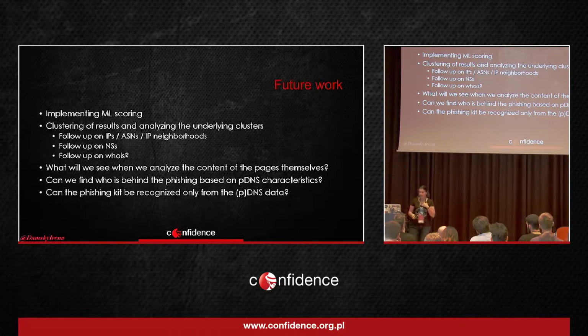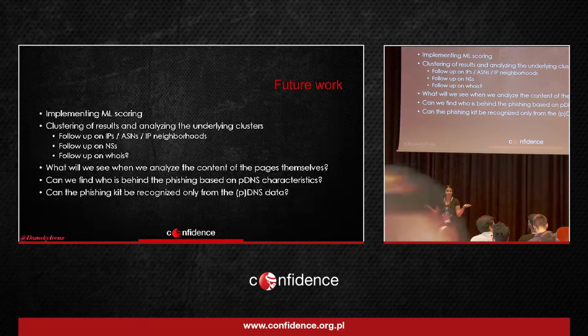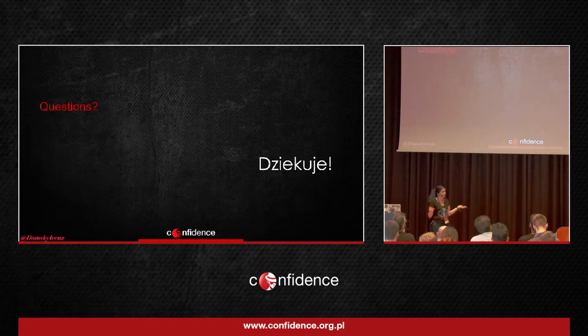Again, it's the same thing. Can the phishing kit be recognized based on that data and not only the actor itself? So that's basically it. It's a pretty simple technique to find maliciousness using a pretty simple data set that we all can collect or buy if we want. I hope you enjoyed it. Thank you.